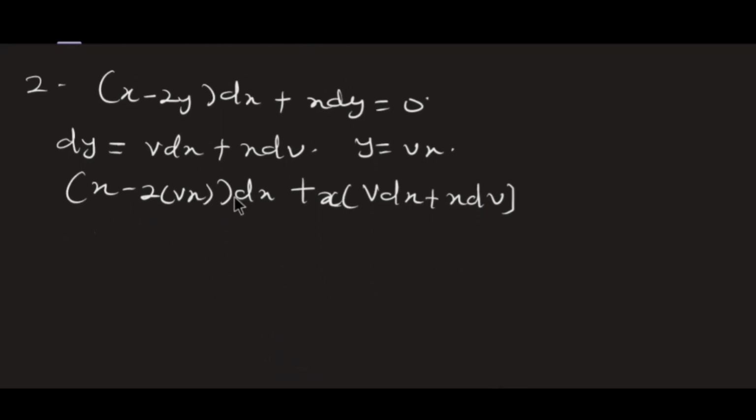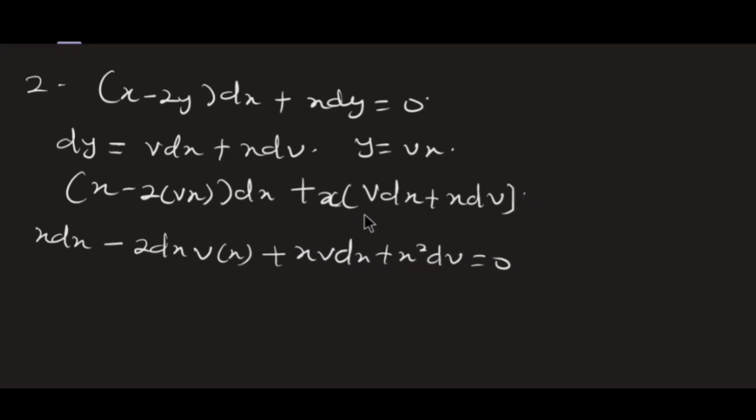Expanding this, I'm going to get x dx minus 2vx dx plus xv dx plus x squared dv equals 0. I left equals 0. So now I have 2vx dx, then this is vx dx. So you can see there will be x dx, this negative 2, this is positive 1, so minus xv dx plus x squared dv equals 0.